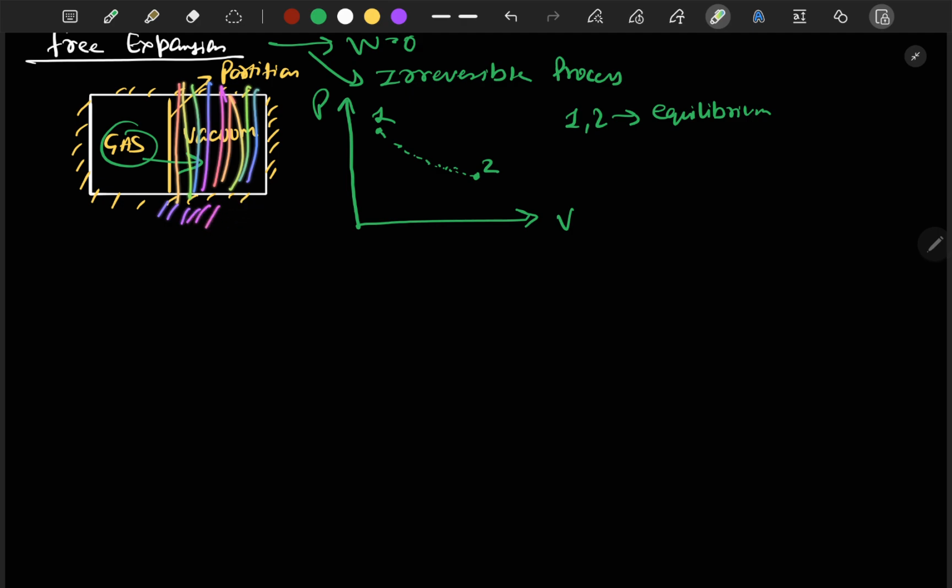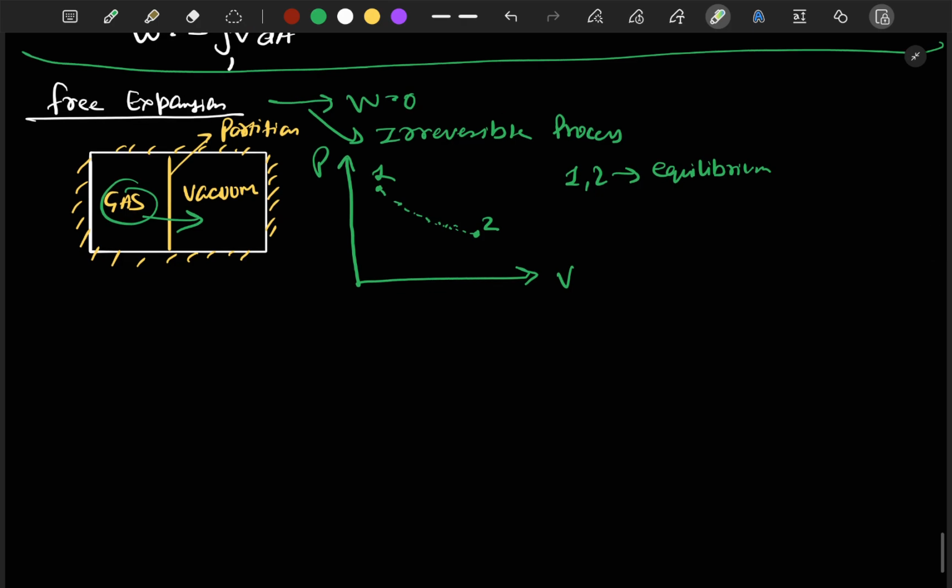At the end of every expansion, the system will reach a point of equilibrium, so the PV diagram will come out continuous, and here you can obtain the work by using the PdV equation. But in the case of instant expansion or free expansion, the net work done is 0.